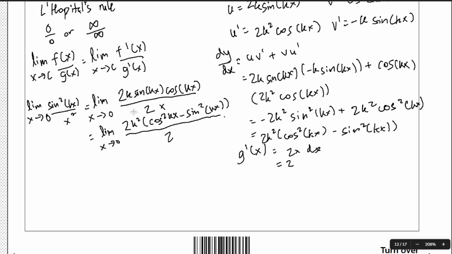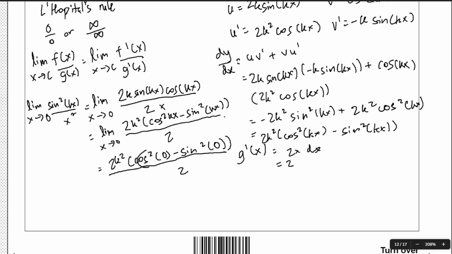And now when we input our 0 values into our x's, it would be 2k squared times cos squared 0 minus sine squared 0, because anything times 0 equals 0, over 2.